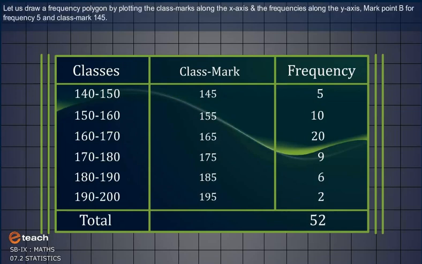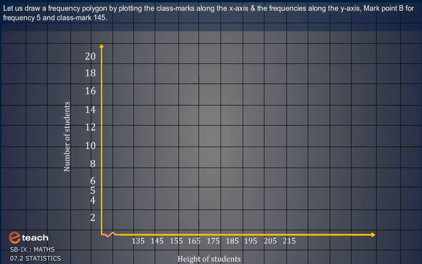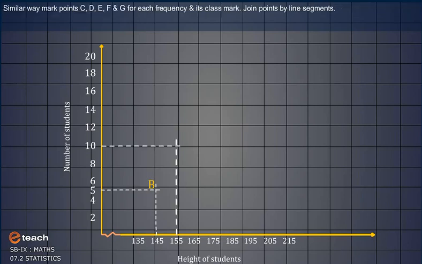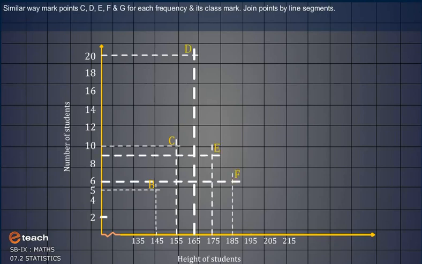Let us draw a frequency polygon, plotting the class marks along the x-axis and the frequencies along the y-axis. Mark point B for frequency 5 and class mark 145. In a similar way, mark points C, D, E, F and G for each frequency and its class mark.